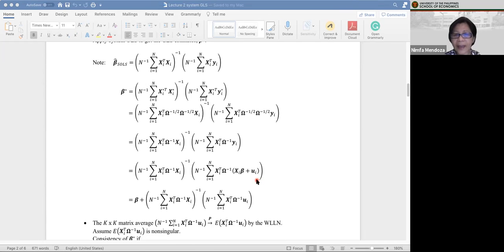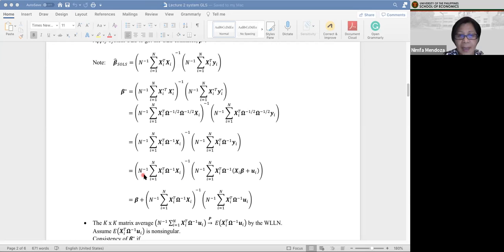I want to get an expression where we can express beta star in terms of beta, because we would like to look at its consistency. So for Y sub i, the usual trick is you just substitute the equation for Y sub i, which is X sub i beta plus U sub i.